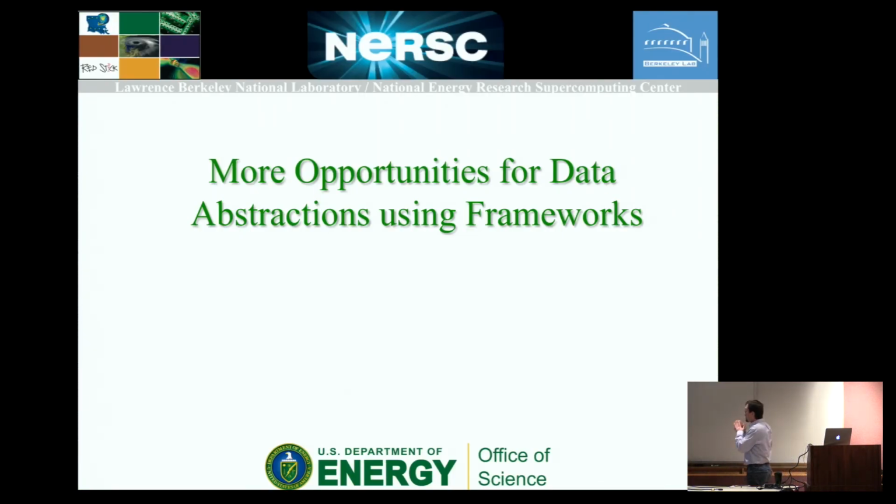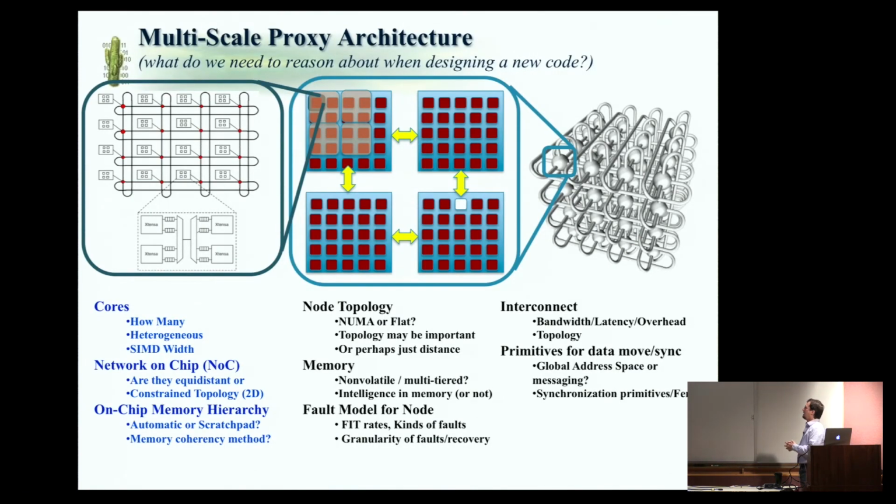Then this is our final chapter, and it's going to talk about recent opportunities for data abstractions using frameworks. As I mentioned, the machines are getting exceedingly complicated. Abstractions are extremely valuable for enabling sharing amongst large code teams, but they are also extremely valuable for hiding and abstracting the complexity of your machine, and in particular, the way that you lay out the data on this machine.